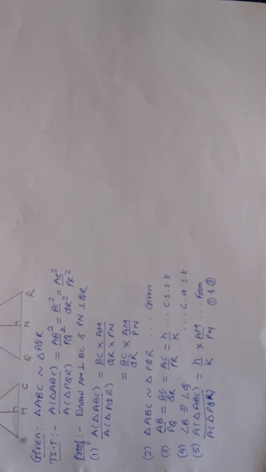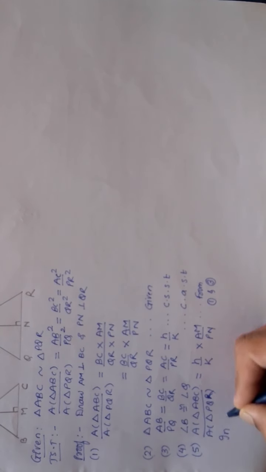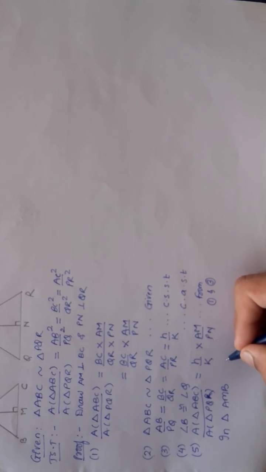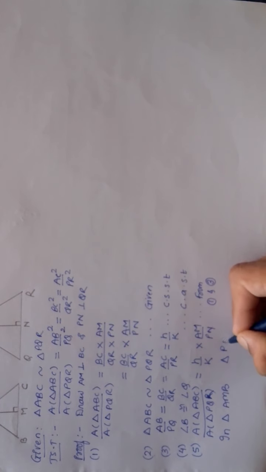So now my plan is to show triangle AMB and triangle PNQ similar. Right now there is no relation between them, so the bond joining them is only 'and'.